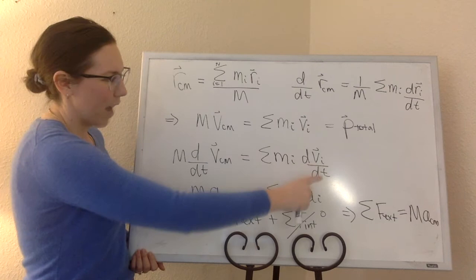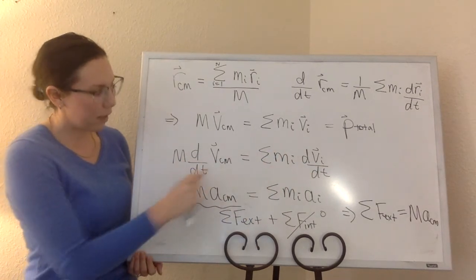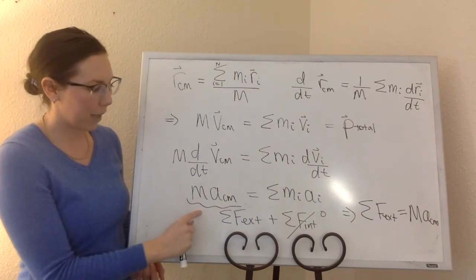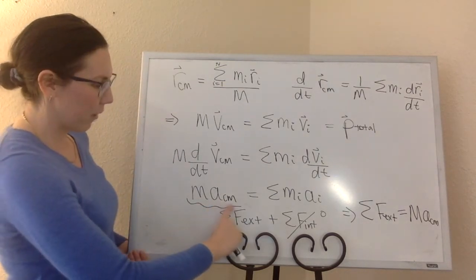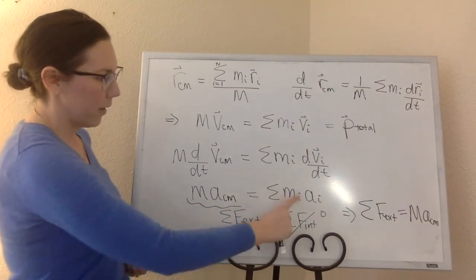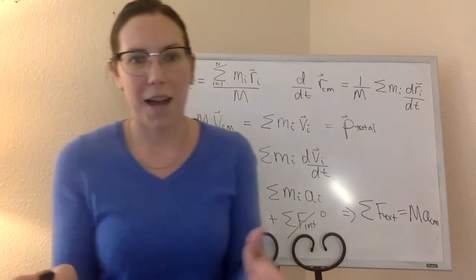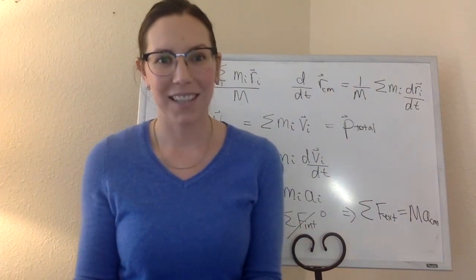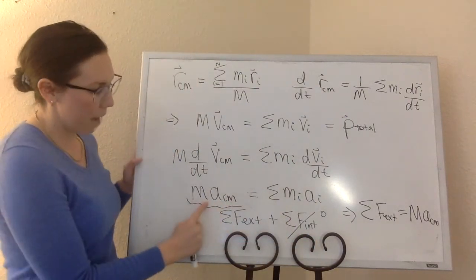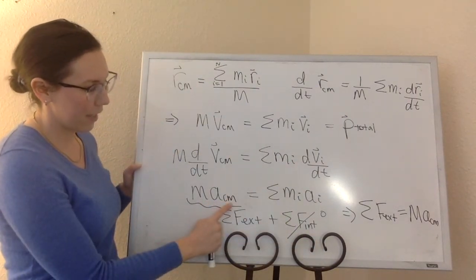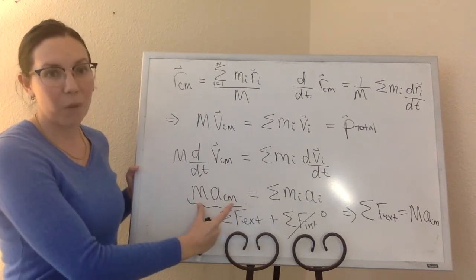So we have dv_i by dt, and all of these dv by dt's I can replace by acceleration. So the total mass times the acceleration of the center of mass equals the sum of each individual mass part times its acceleration. And this is the important part, really, that we can use the mass times the acceleration of the center of mass.